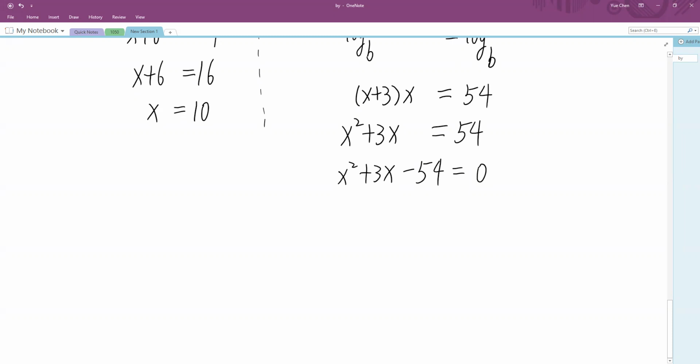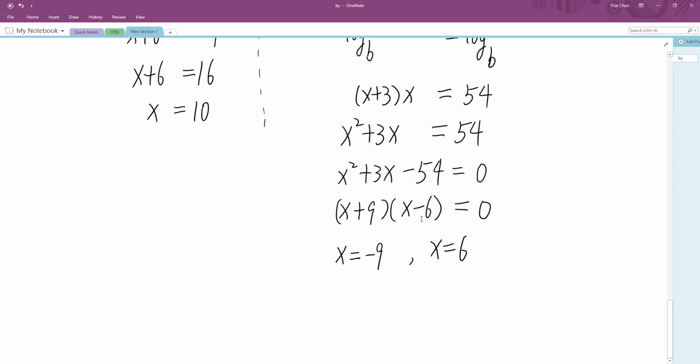So how to factorize it? It would be x plus 9 times x minus 6 equals 0. If you don't know how to factorize it, you can use the quadratic formula to find two roots. So it gives you two roots: x equals -9 and x equals 6, right?